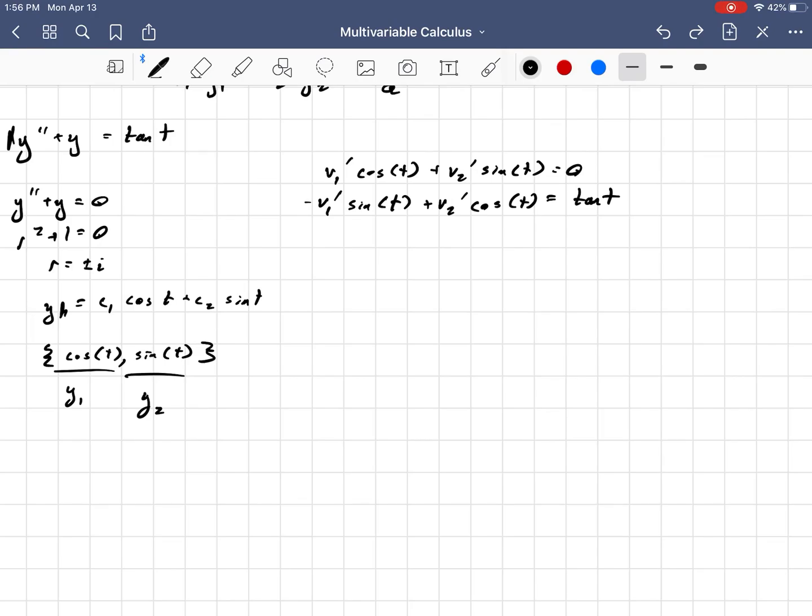So now this is just a system of equations, so we can substitute, eliminate, however you want to go about solving that.